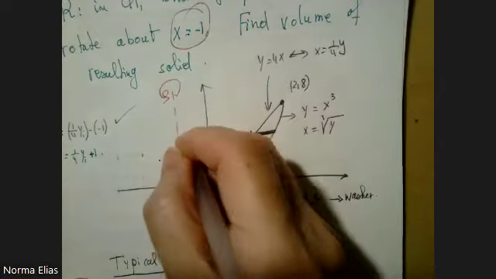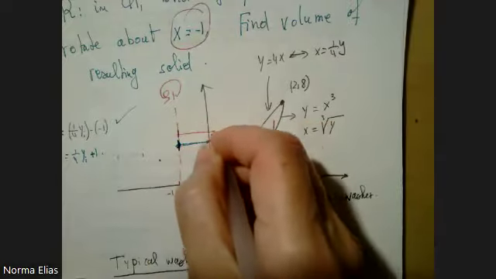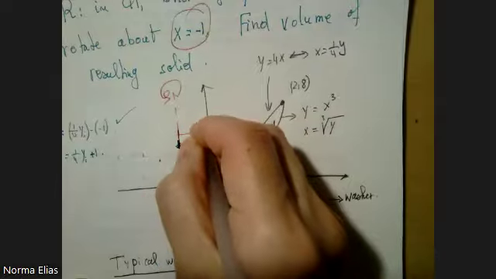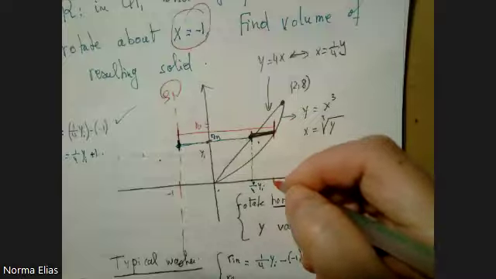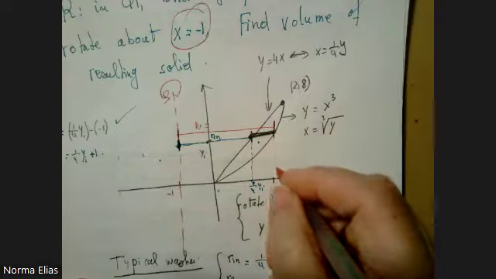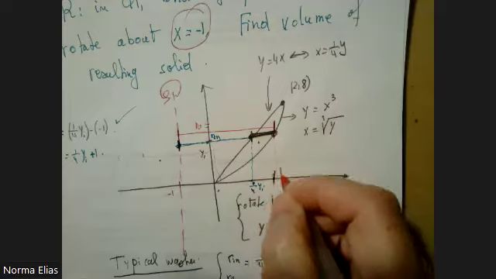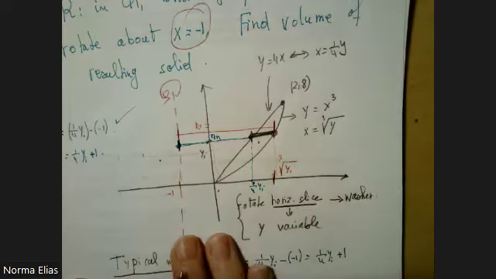Now the outer radius. Again, this is from the axis of rotation all the way to here. That's my outer radius. And it's the same thing. It's the right value. If this is yi, this point on the curve, it means this is the cubic root of yi minus the left value.